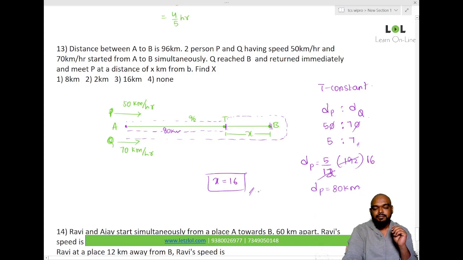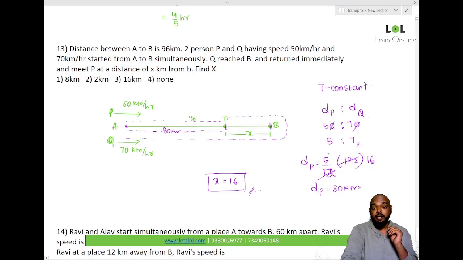So, a simple application. Try to understand this. When the time is constant, the distance covered by both P and Q is in the same ratio as the speeds. So what are the speeds? 50 and 70, 5 is to 7. Now what is the total distance being covered by both of them? 96 plus 96, 192.